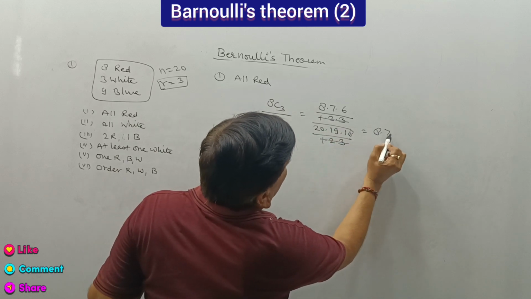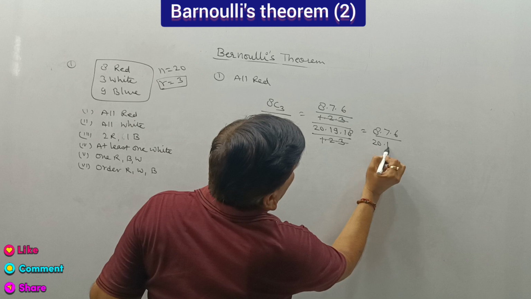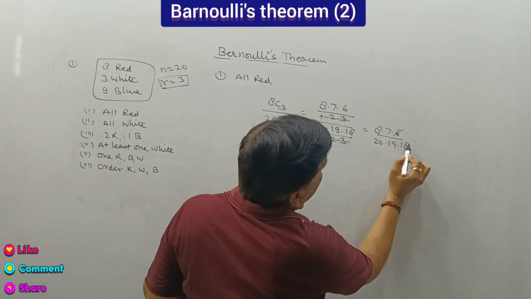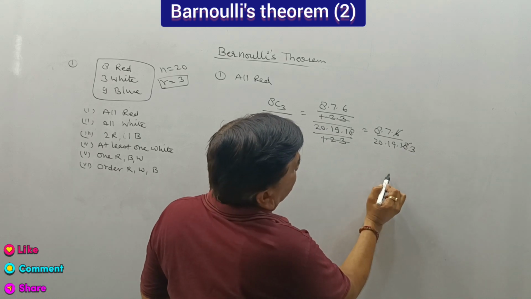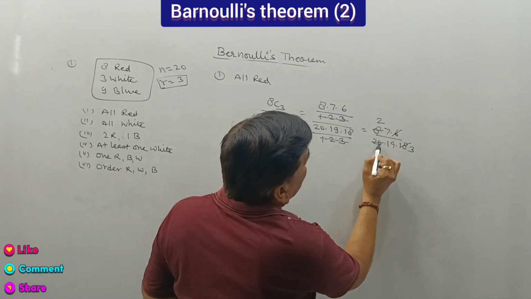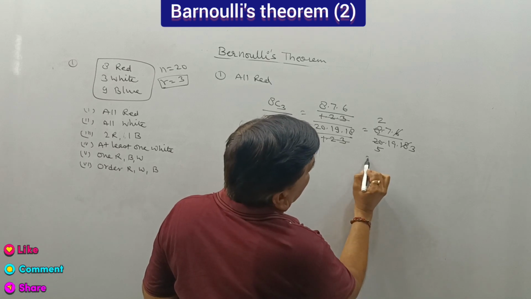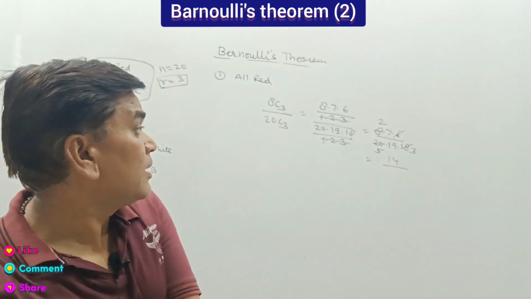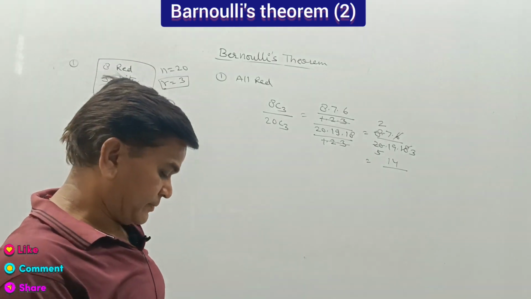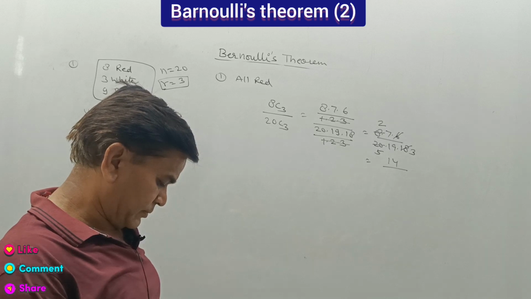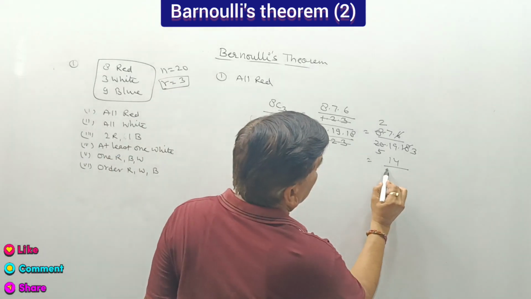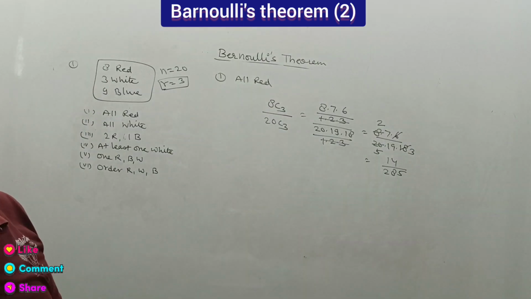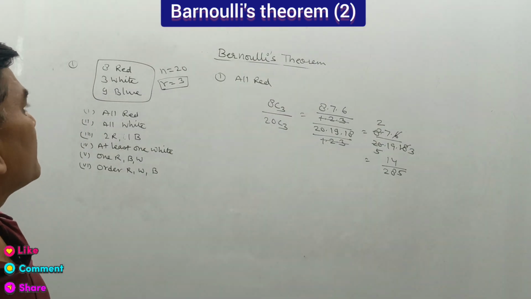So it will be 8 multiply 7 multiply 6 over 20 multiply 19 multiply 18. Cancelling, 6 threes are 18, 2 fours are 8, 5 fours are 20. So there will be 14 divided by 15 multiply 19, which is 285. So the answer of the first is 14 divided by 285.